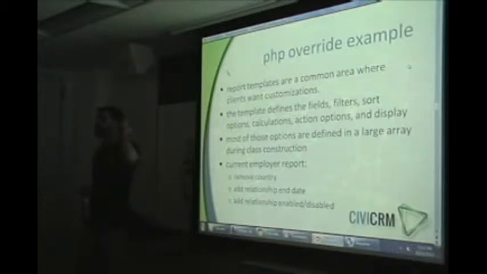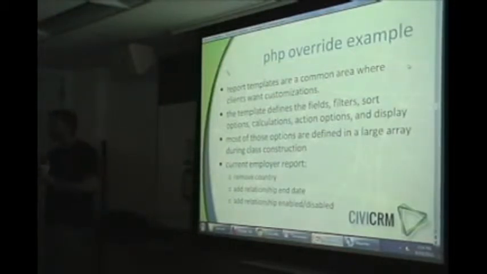So it defines what fields can be presented, what filters can be applied, what sort orders are available to it. Sometimes there's like a crosstab type query that's taking place where I'm doing some kind of statistical calculations on the data, summing, counting, things like that. So the report template defines that, and then the report instances are where the user gets in there, chooses what settings they want, and can save that and have a whole bunch of different saved reports based upon the template.